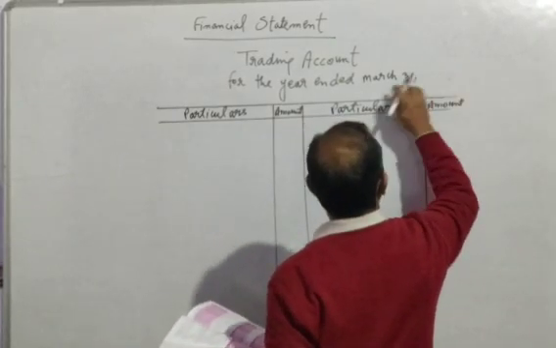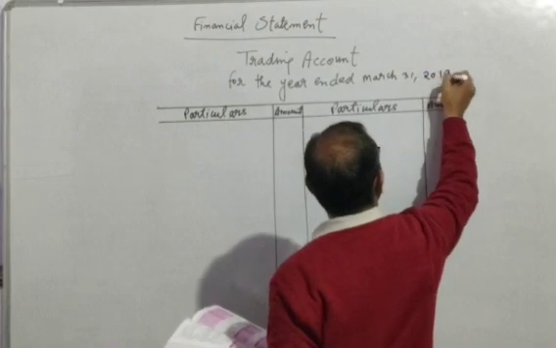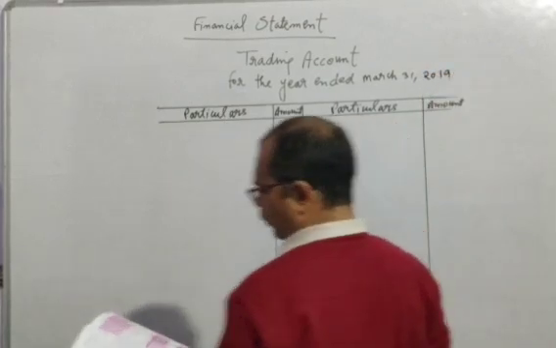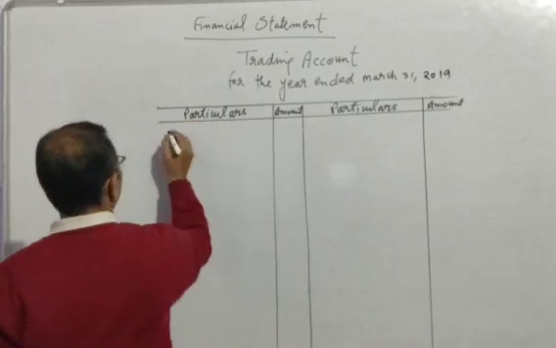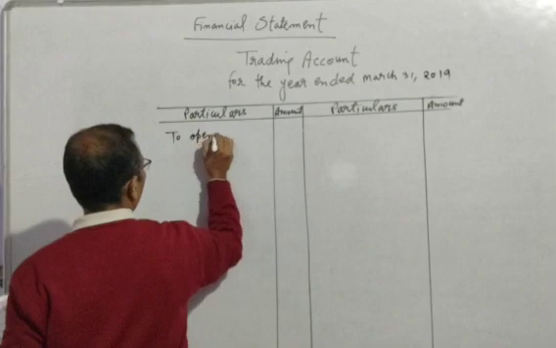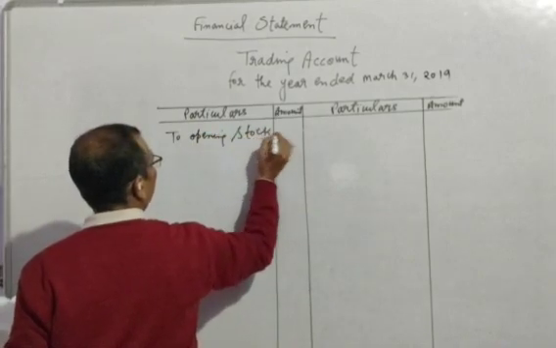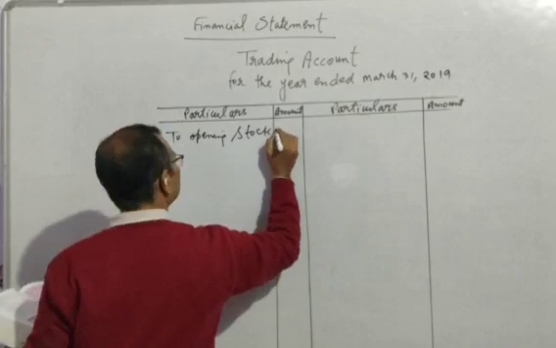So we will write here March 31st, 2019. As per the question, opening stock is given as 2 lakh. So we write opening stock, and the amount is 2 lakh.